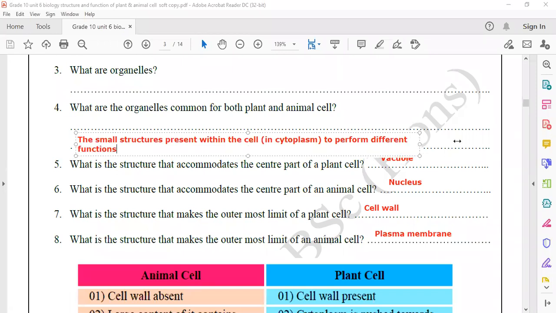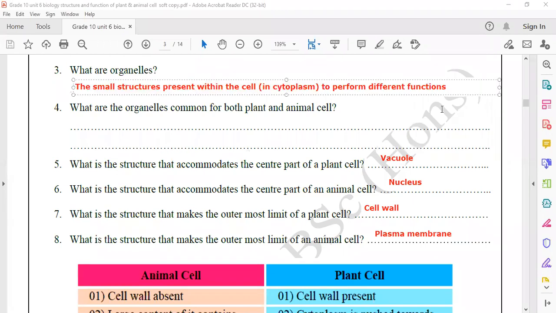This is the definition given to you by the textbook for the organelles.